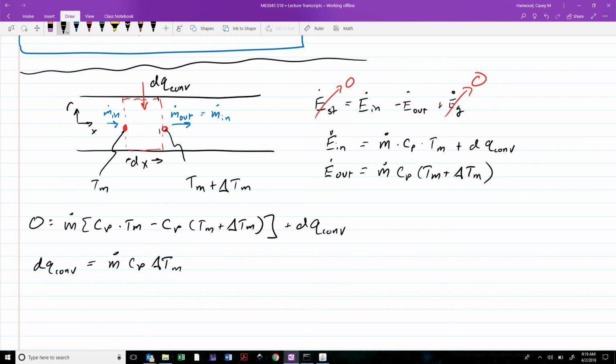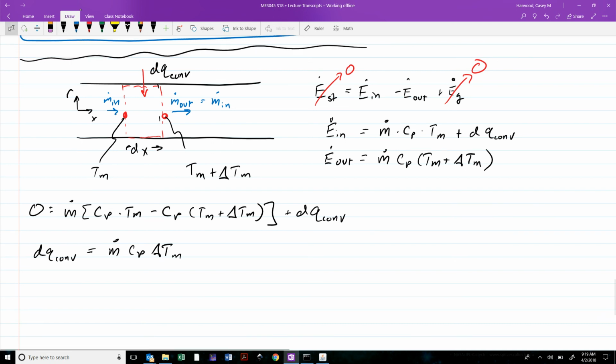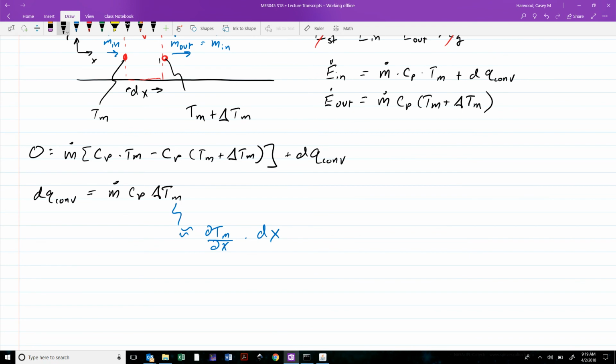So for the jump in temperature across this control volume, we're going to apply a subtle version of a first order Taylor series and say that this is approximately equal to dTm/dx times this distance delta x.